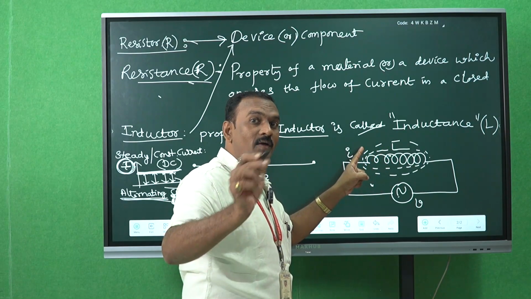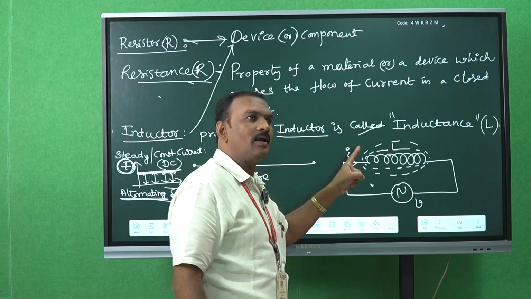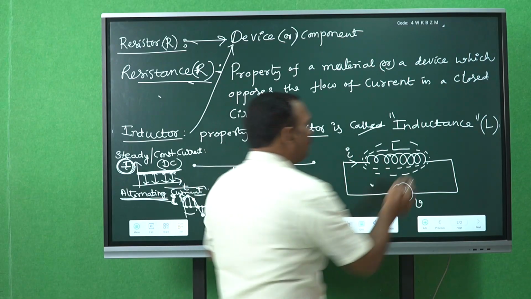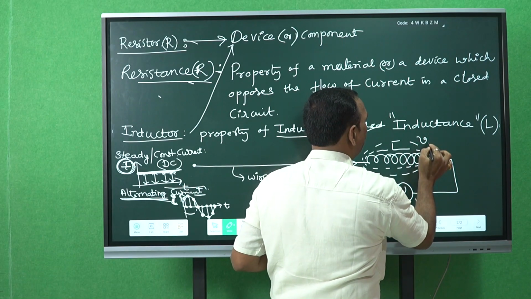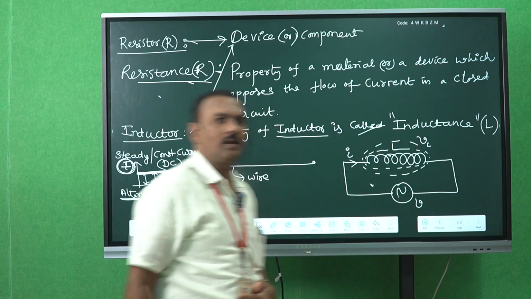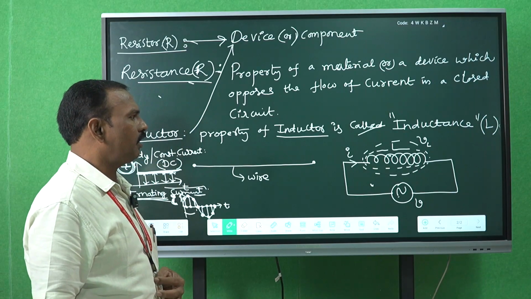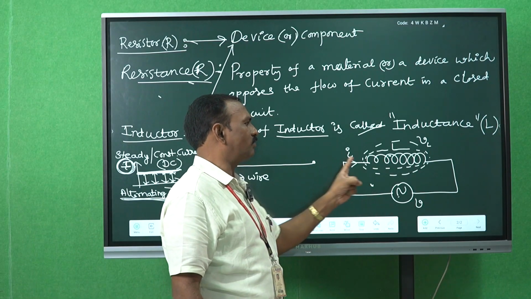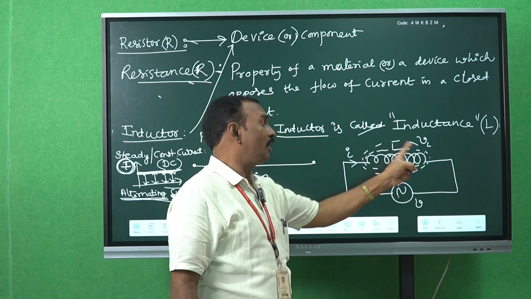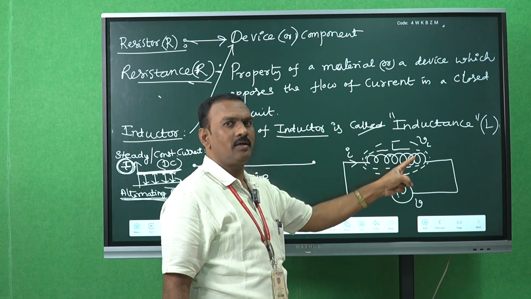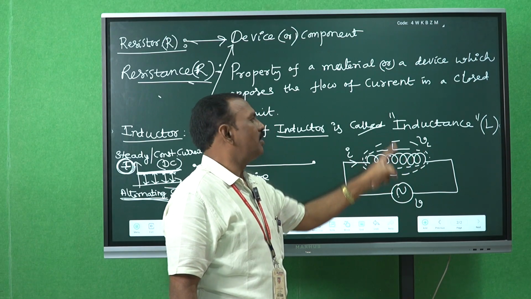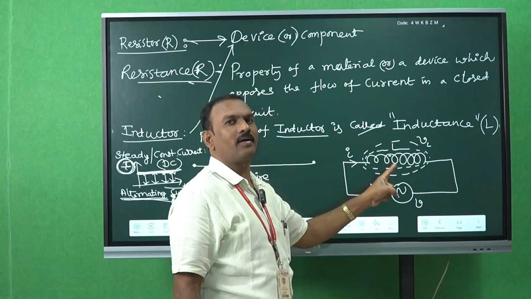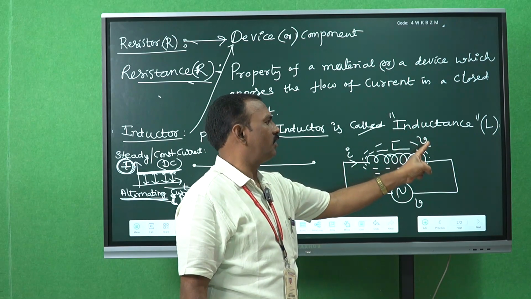An alternating current produces an alternating magnetic field around the inductor, and a voltage is induced across it. That induced EMF is represented with V suffix capital L, so that induced EMF is VL.